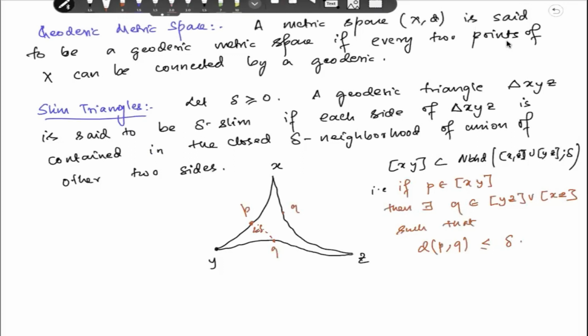So Q either lies here or here. And this is true for the other sides also. If I take the side YZ, it will be contained in the closed neighborhood of the union of the other two sides.